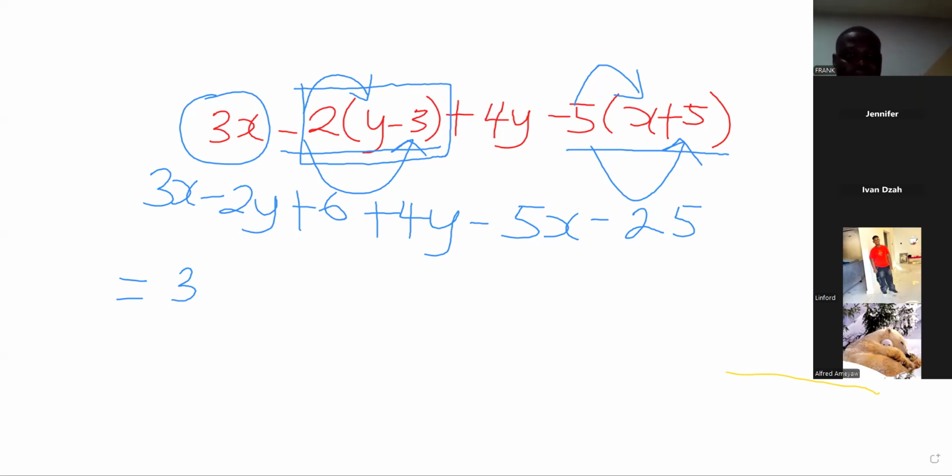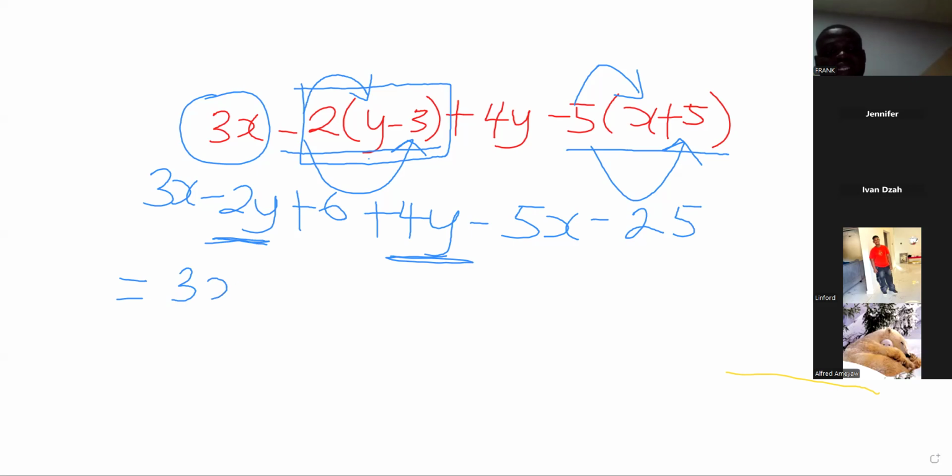So negative 2 times y is negative 2y. Then negative 2 times negative 3 should produce what? Positive 6. Then you have 4y. Then the last term, you are going to expand again. Negative 5 times x, negative 5x. Negative 5 times 5 is negative 25.